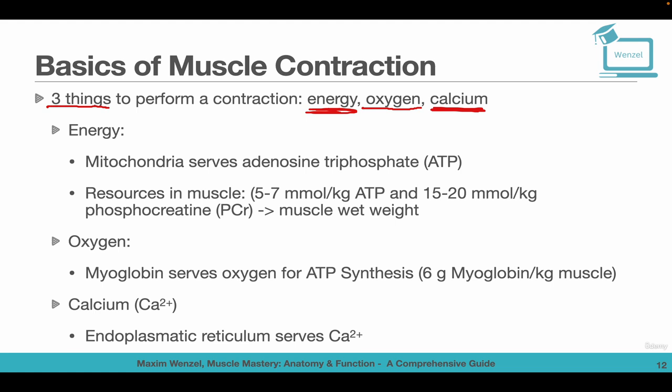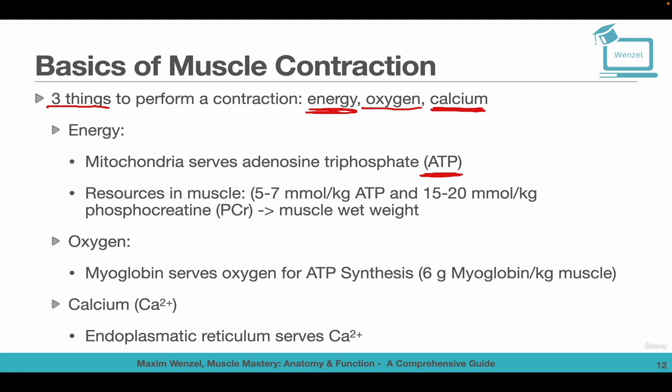So at first, the energy. You know, every teacher will tell you mitochondria are the powerhouse of the cell, and that's true because mitochondria serve adenosine triphosphate. You know this, like from school.